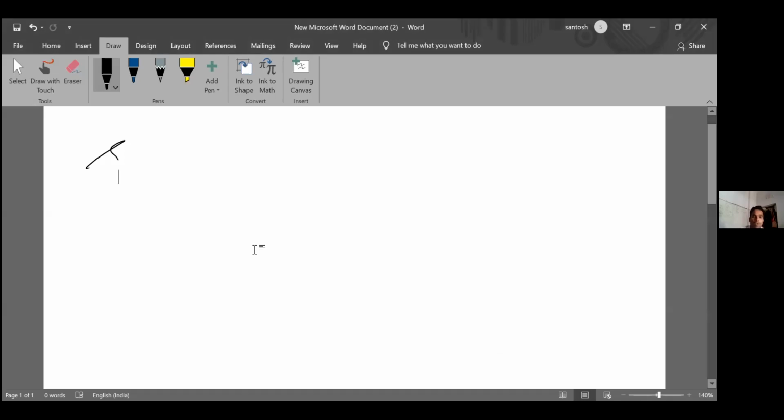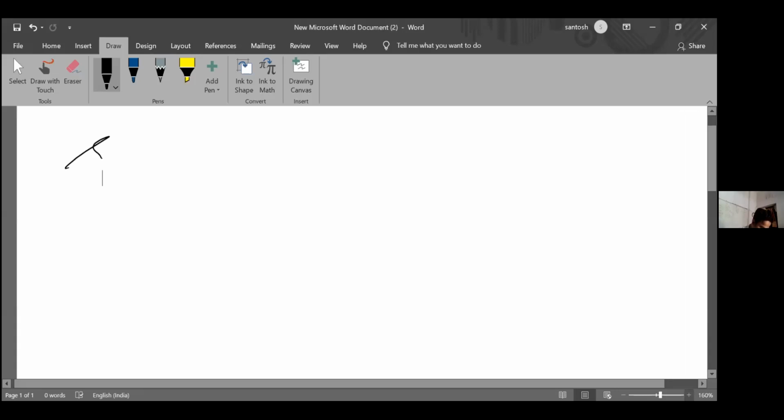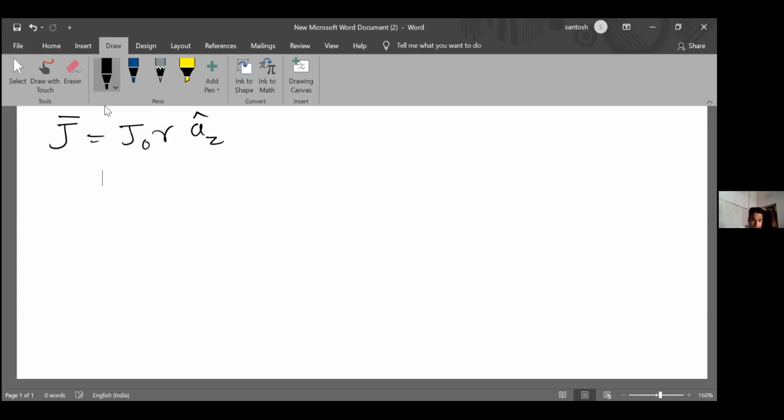Fine. So what we have been given is a J bar, the current density, equal to J naught r az cap, in amperes per meter square.